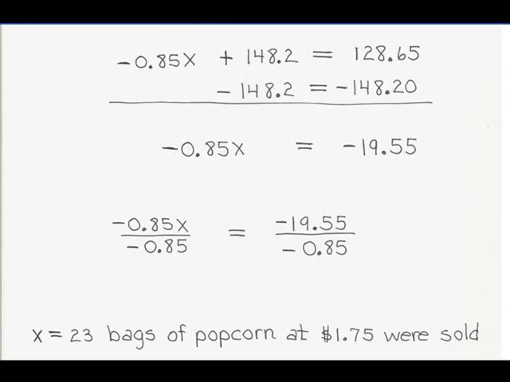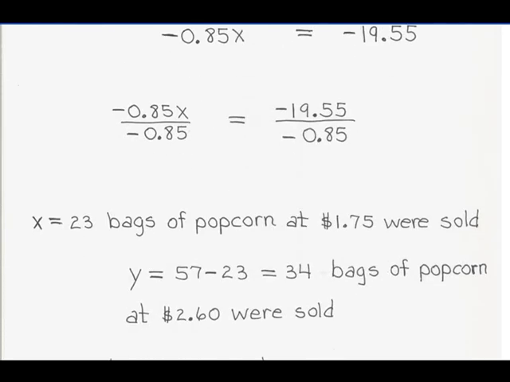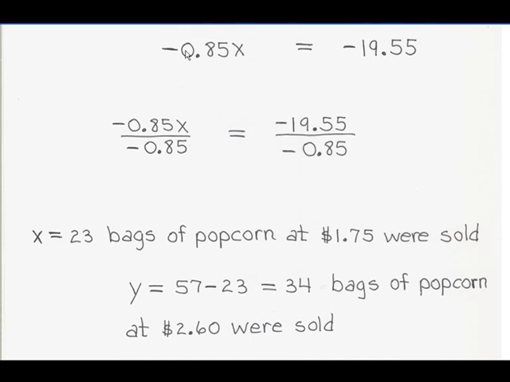Now let's move on. So now we need to get the x by itself, but x is being multiplied by negative 0.85. So in order to get the x by itself, we have to undo the operation of multiplication. The opposite of multiplication is division.